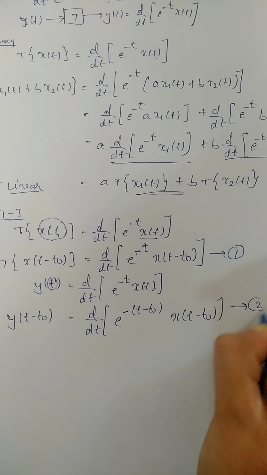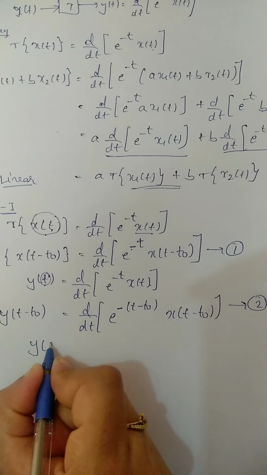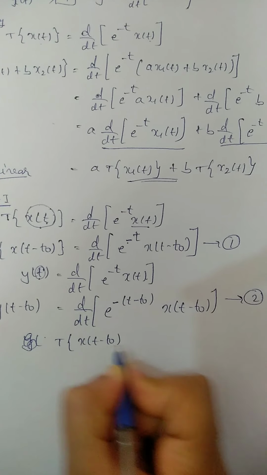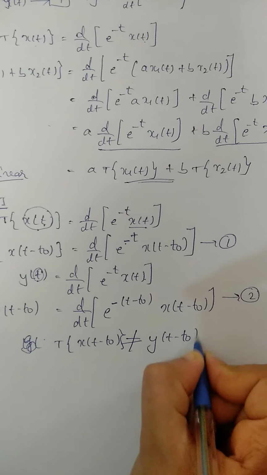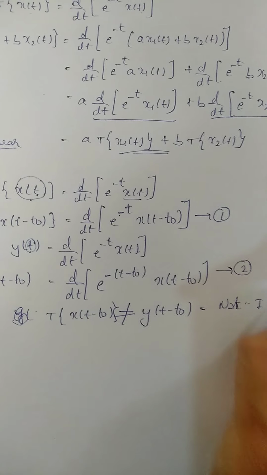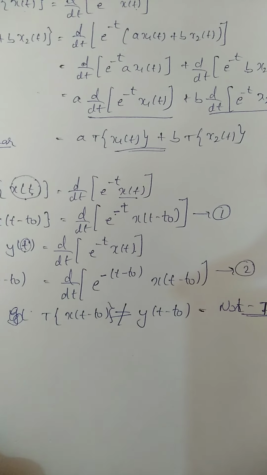Here we cannot equate 1 and 2; 1 and 2 are not equal. So we can write T[x(t - t0)] is not equal to y(t - t0). So the system is not a time invariant system.